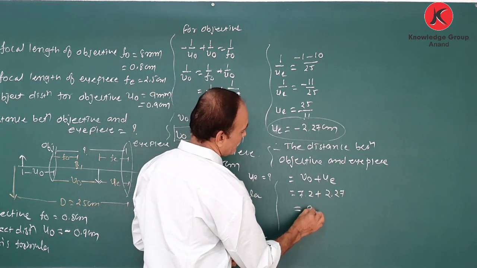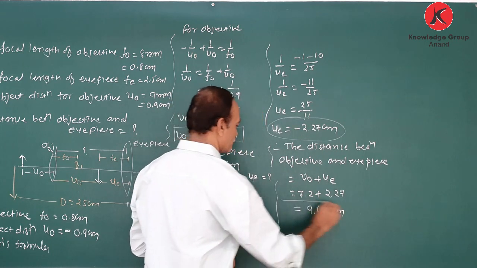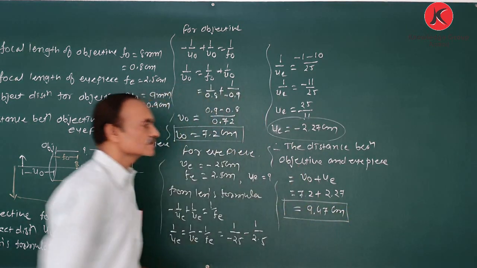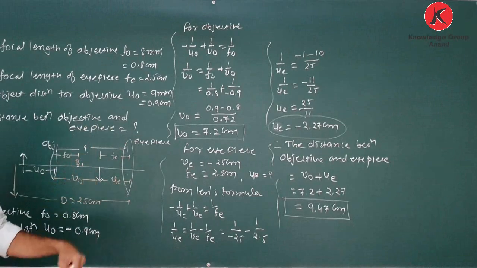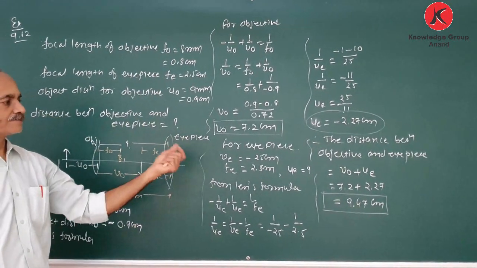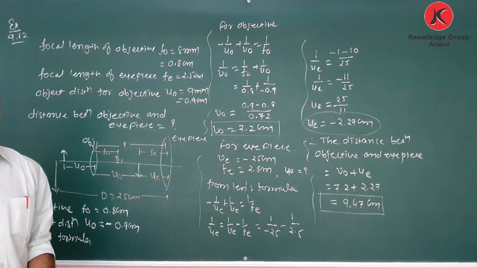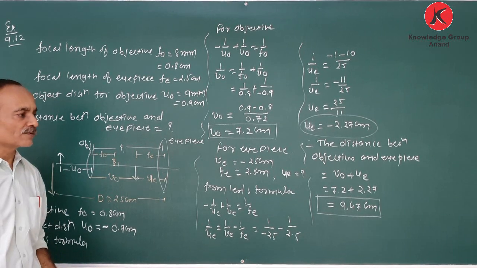Therefore, 9.47 centimeter is the separation between the two lenses. Clear this? So that is the same numerical as 9.11. In 9.11, the separation between the two lenses is given. We have to find out the magnifying power and also the position of an object. Here, the position of an object is given, and we have to find out the separation between the two lenses.